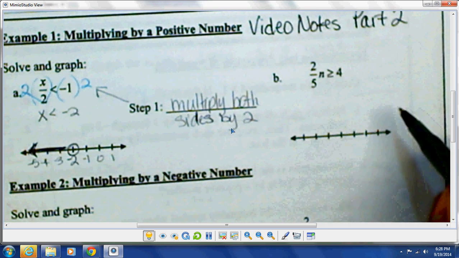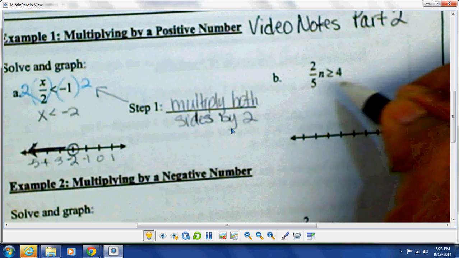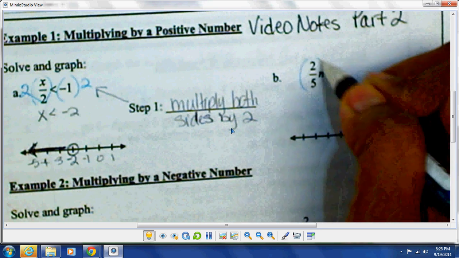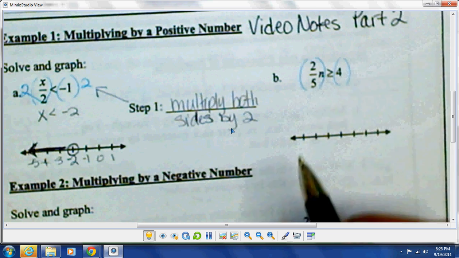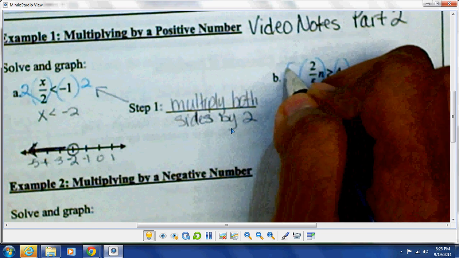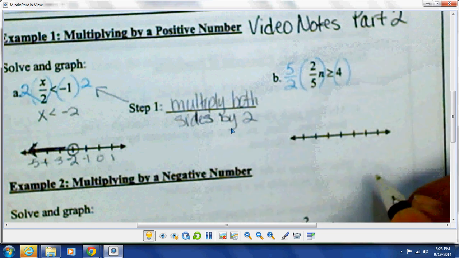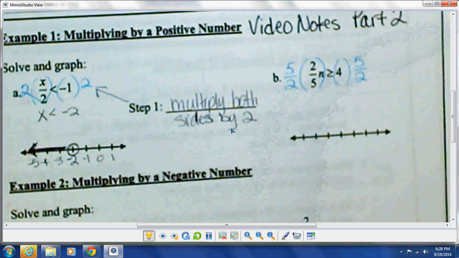So if I want to solve B over here, I need to multiply by the reciprocal. So I'm going to put both sides in parentheses, and I'm going to flip my fraction in front of the variable. So I'm going to multiply by 5/2. And remember, whatever we do to one side, we do the same thing to the other.